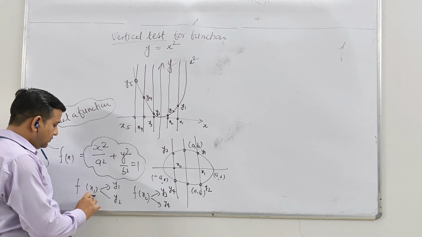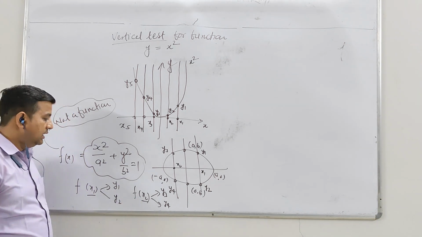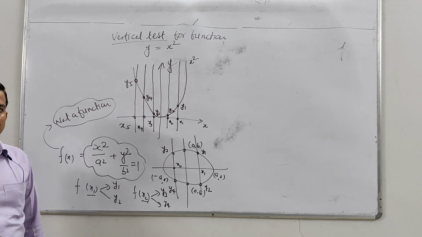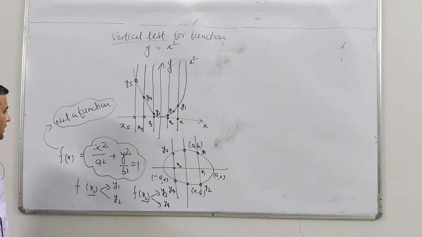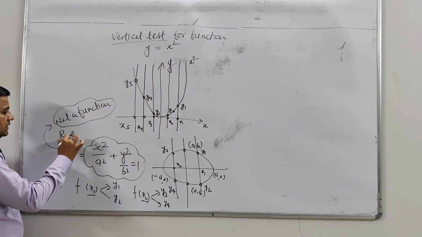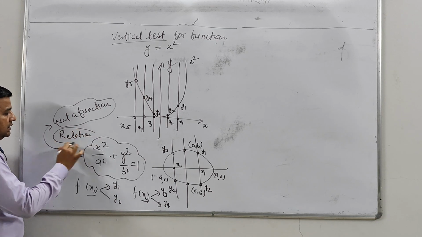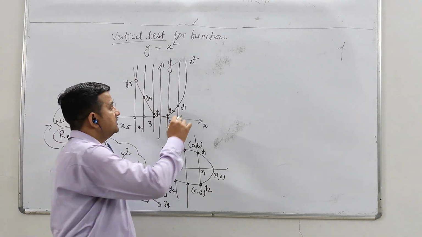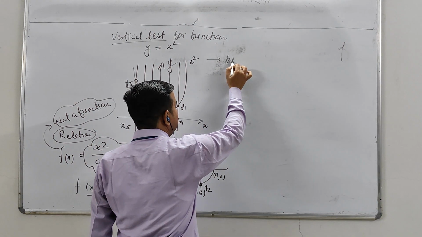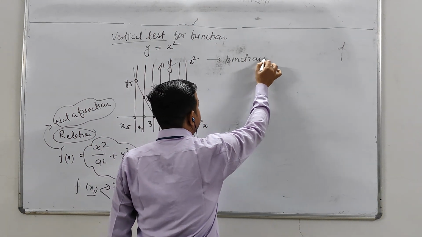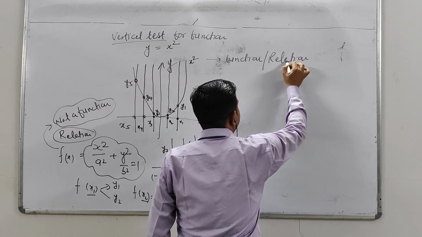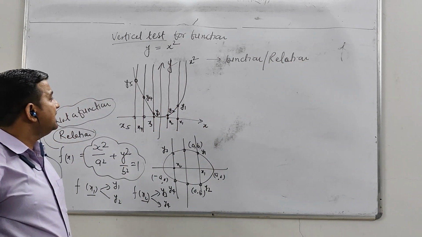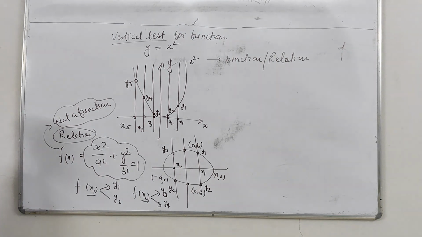Here the input generates dual outputs. So it is not considered a function, but it is a relation. In the first case, y equal to x square is considered both a function and a relation. So this is the vertical line test for the function.